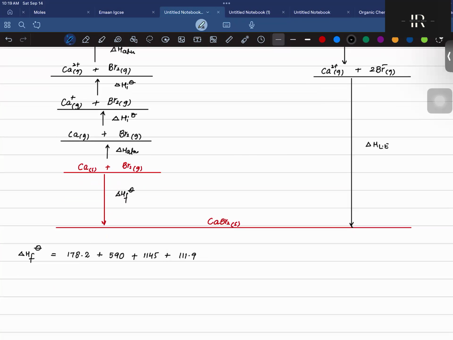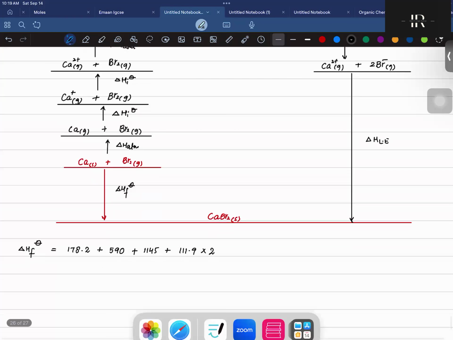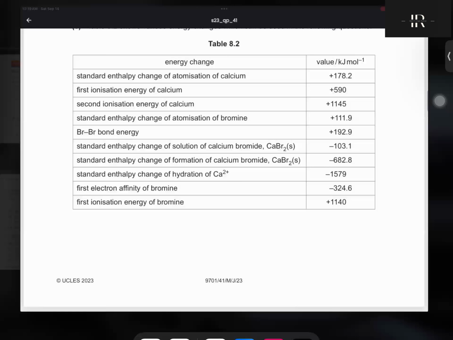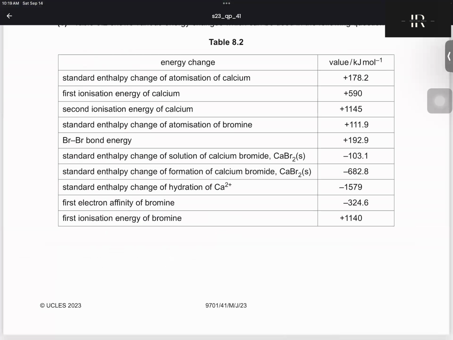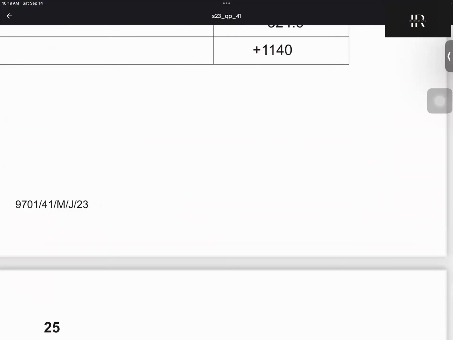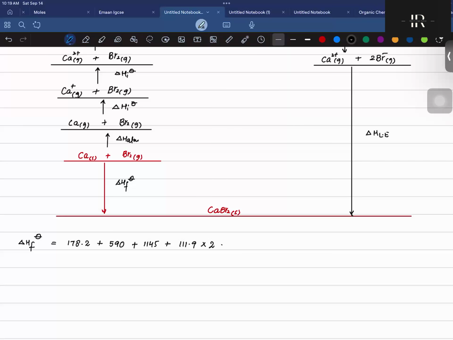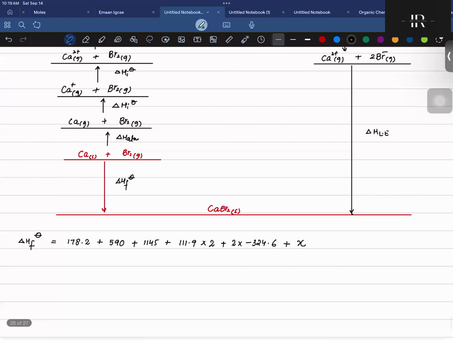I would be multiplying this value by 2, because we have 2 bromines. And then I need electron affinity for bromine. First electron affinity of bromine is 324.6, 2 multiplied by 324.6. Okay, and then the lattice energy, that is unknown, I need to find out.